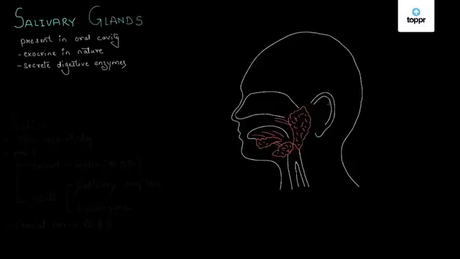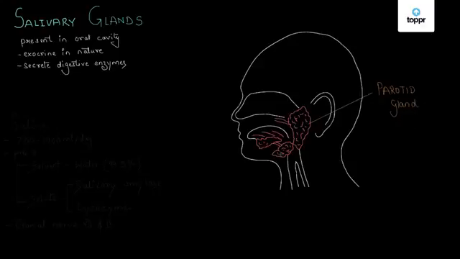So we see that they are located around the oral cavity but at different locations. If we start labeling them, we will find that the first one is the parotid gland. These are the largest salivary glands.